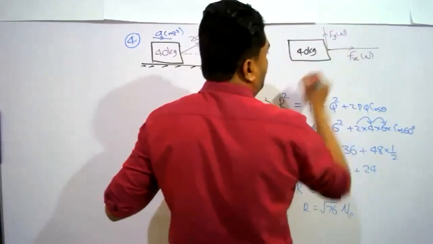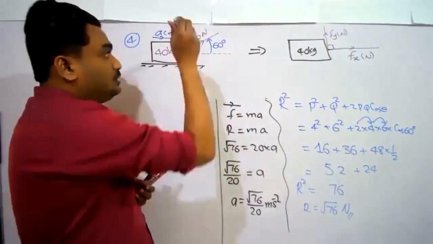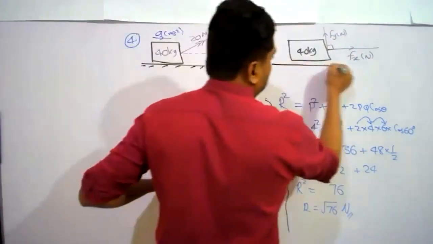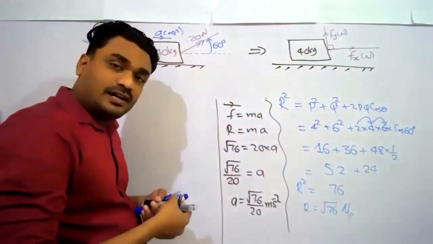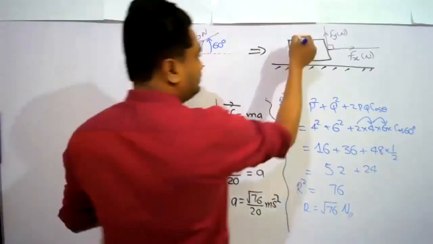So Fx and Fy are resolved components of the 20 Newton force. Draw both figures together, right? Let's find Fx and Fy. After that, we can find the acceleration. Draw both.